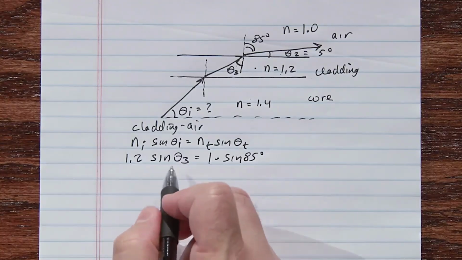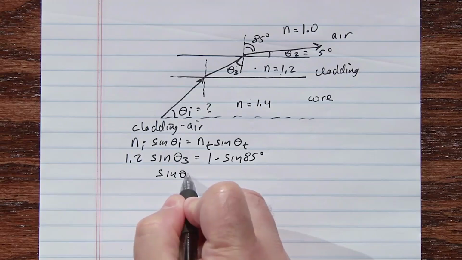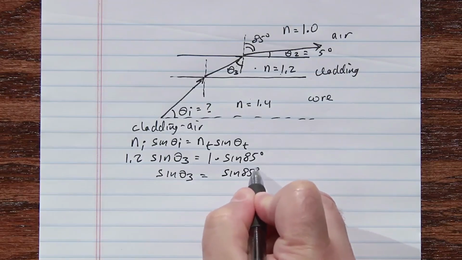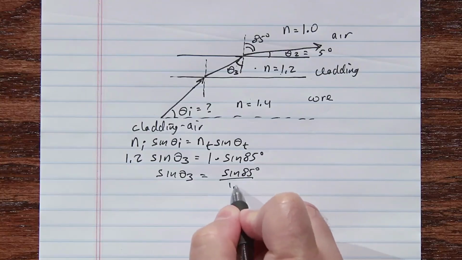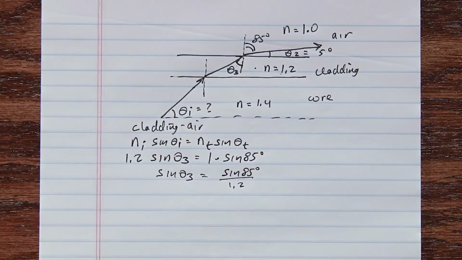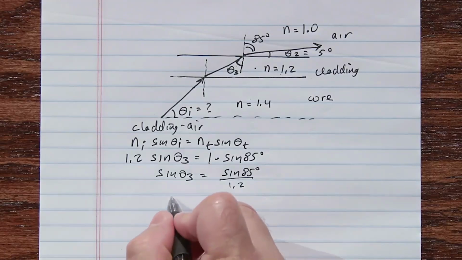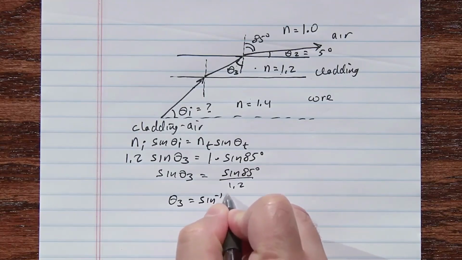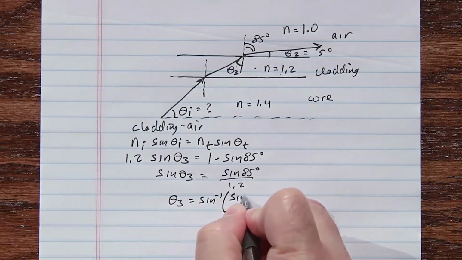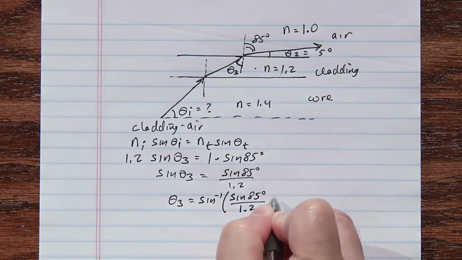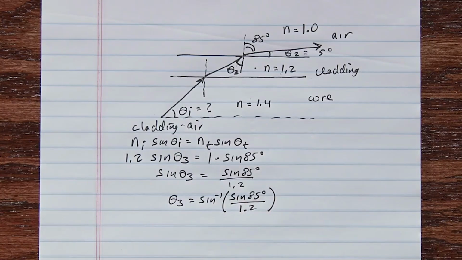So what this gives me is that sine of theta 3 is equal to sine of 85 degrees divided by 1.2. I've multiplied by my 1 and I've divided by my 1.2, or theta 3 is equal to the sine inverse of sine of 85 degrees divided by 1.2. And what does that equal to?